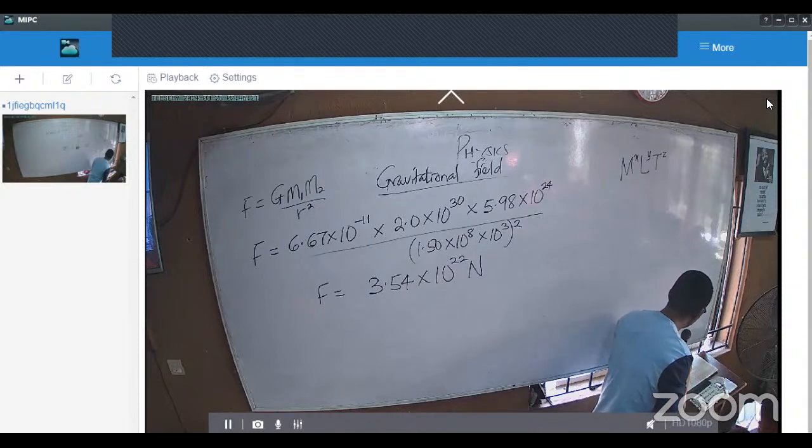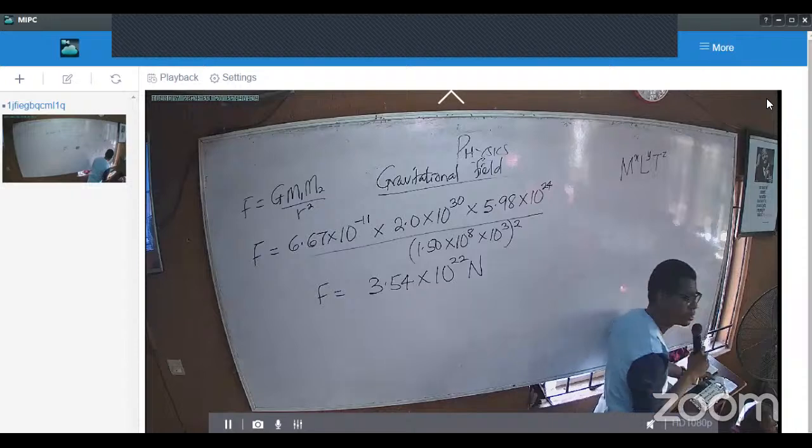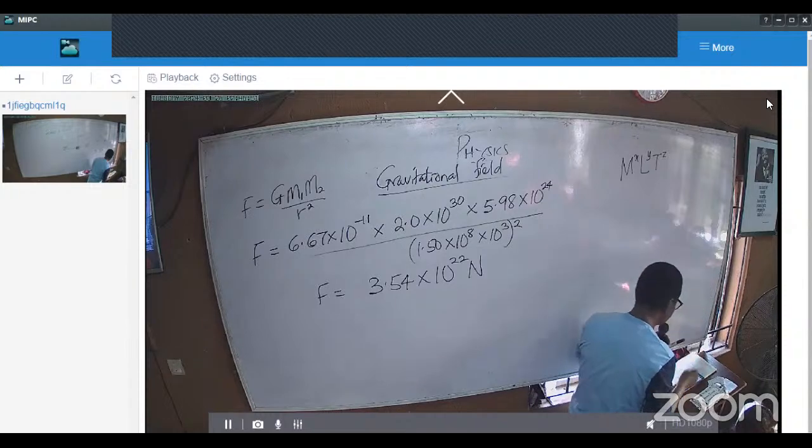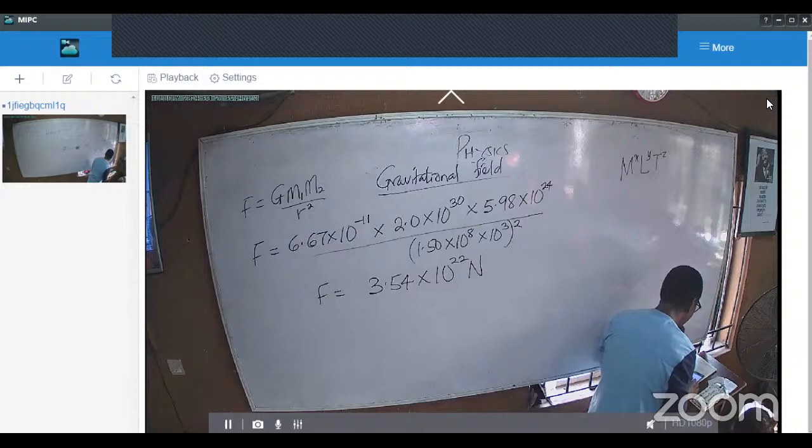Classwork now. Two bodies of masses 3 kilogram and 2 kilogram are separated by a distance of 50 centimeters. Full stop.